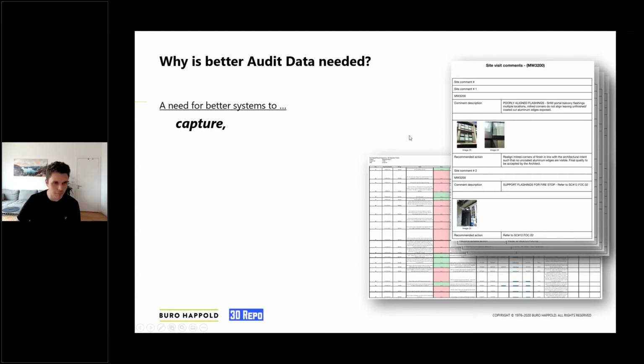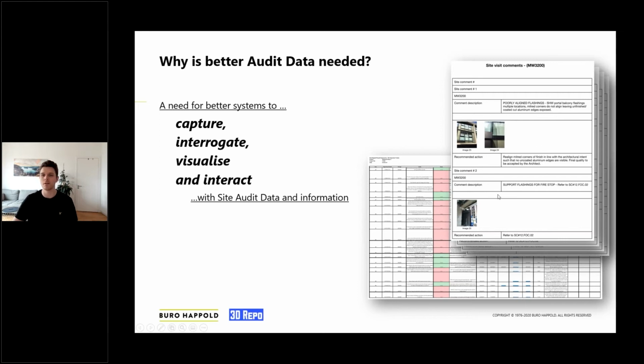So there's a bit of a problem with some of this data. It can be very difficult to extract information or a specific thread of information that you want to talk about at the time. It can be very difficult to get a clear overview of the status of the project and how many issues you've got within a certain works package developing on the project.